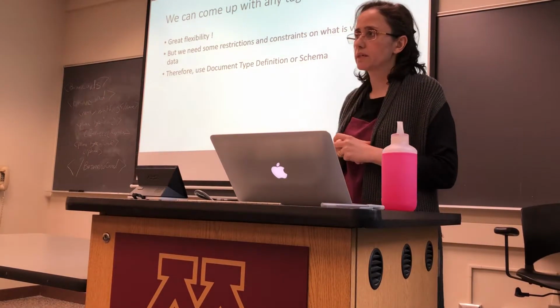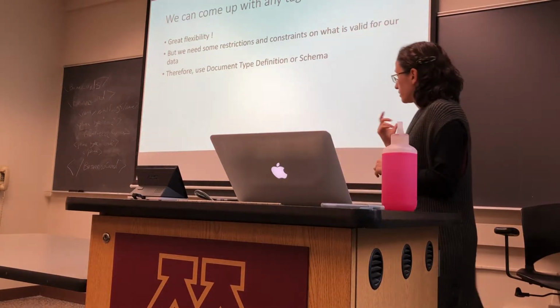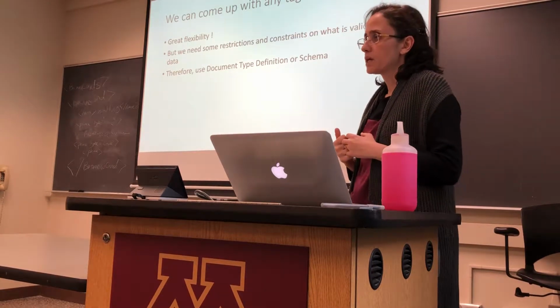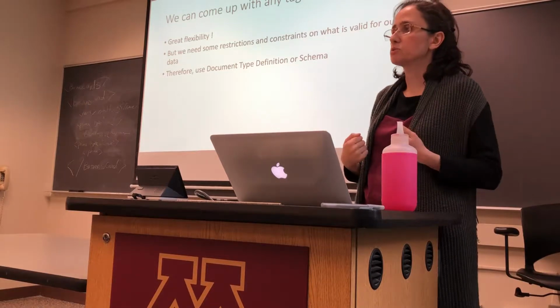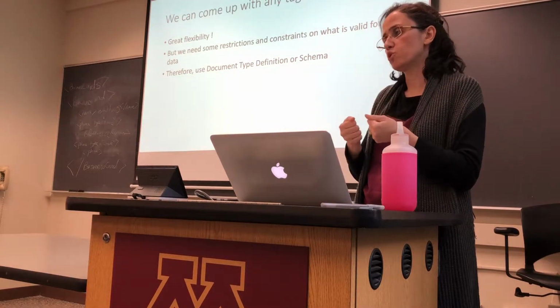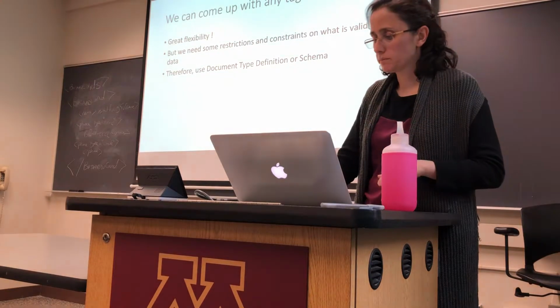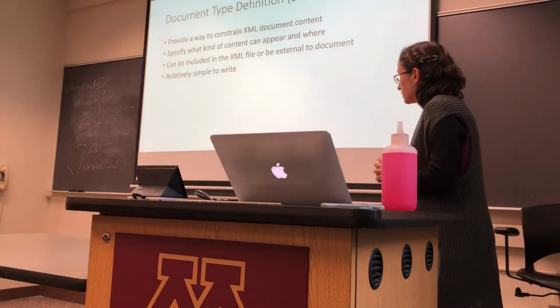The schema things get very, very detailed, and the document type definition gives you some basics of constraining your data. The schema gives you more power. You put stronger constraints. You have more strict control over the data. So we're going to do the DTD.